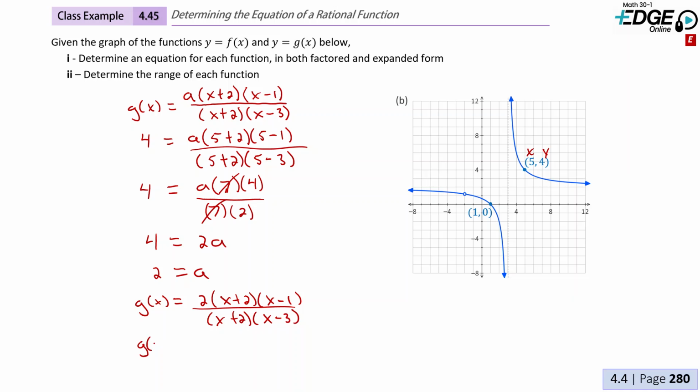Since we've done this a few times, I'm just going to skip to the expanded version. So we would end up with 2x squared plus 2x minus 4 over x squared minus x minus 6. And there you go. Now let's look at the range of this function.